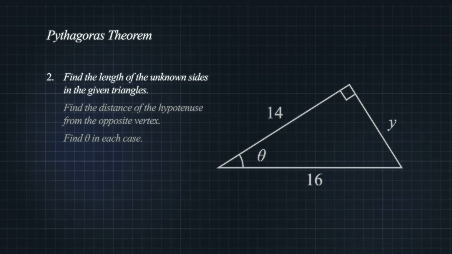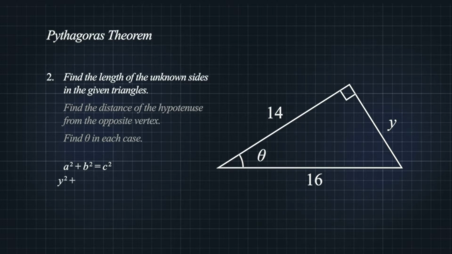The second triangle has an unknown side, y, but this time it is not the hypotenuse. This is very important. If we do not realize this, we will write the equation wrongly. Let's replace a to the second power with the shortest side, y to the second power.